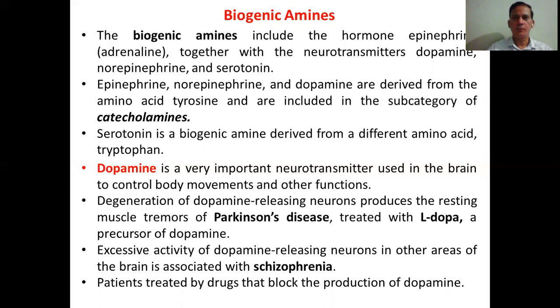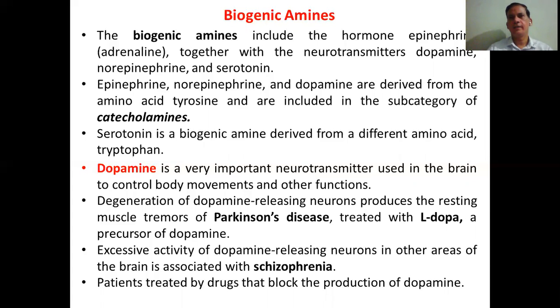Now there could be a possibility where there is excess activity of dopamine releasing neurons. That particular situation is called schizophrenia. Usually patients suffering from schizophrenia are given a drug that could block the production of dopamine.